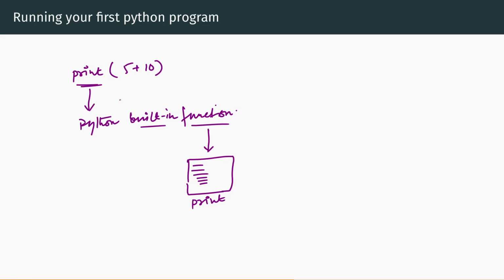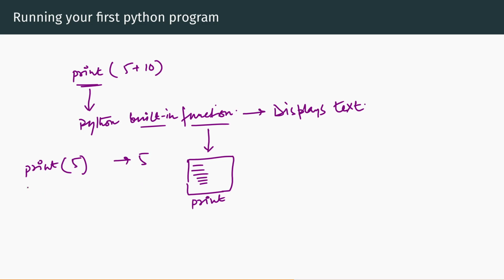Now what this print function does is it displays text. But before that, it also evaluates an expression. So you could say print, and within parentheses 5, and it will display 5.